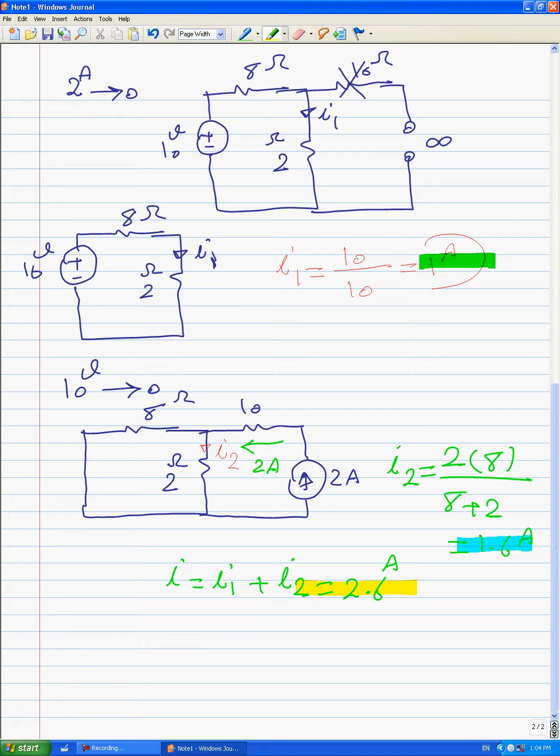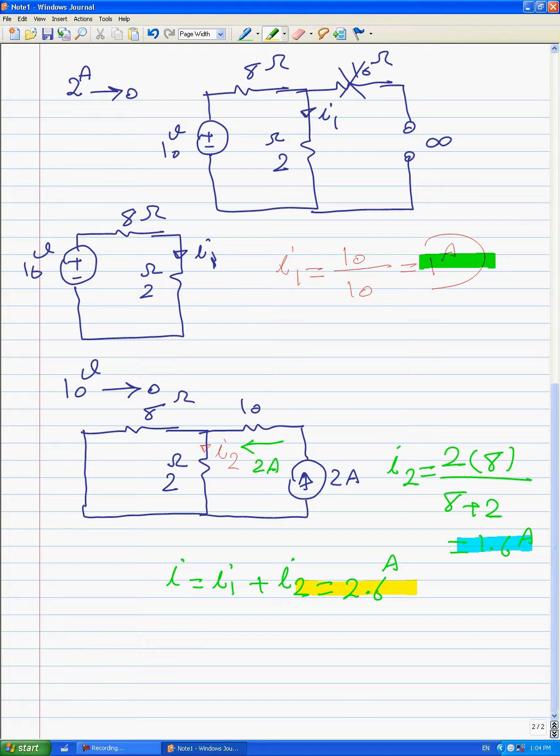To summarize, superposition technique can convert any circuit including more than one independent source to some circuits including only one independent source.